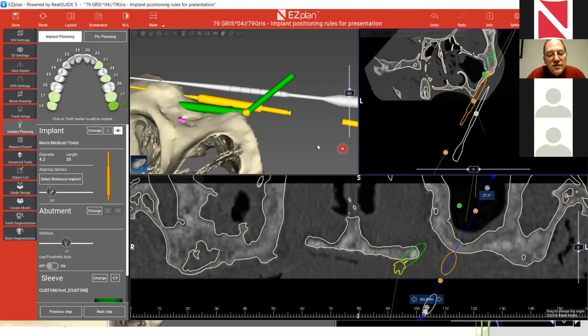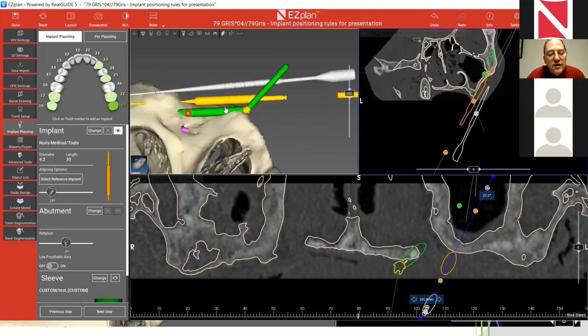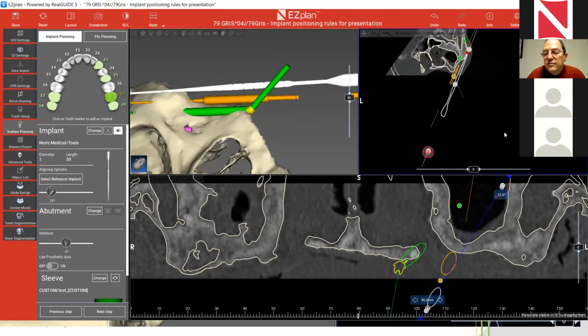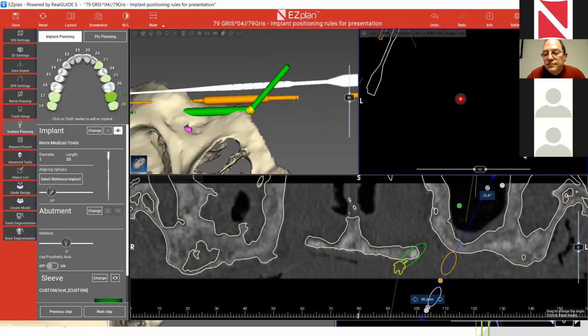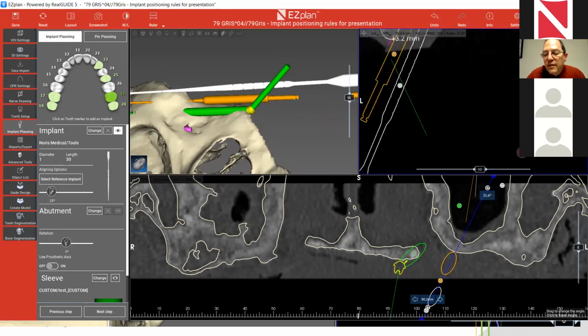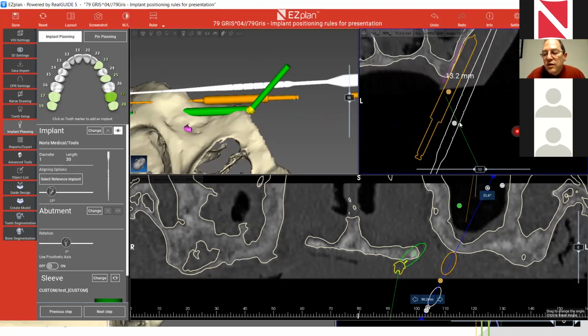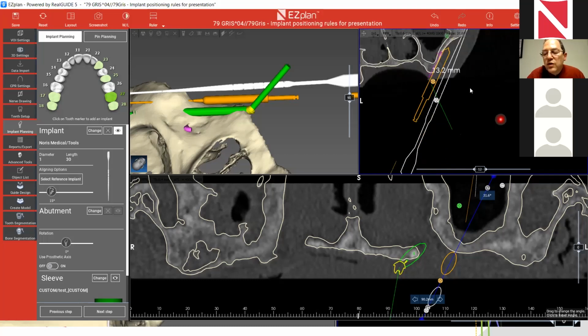So I see that I have a distance, so I'm not colliding. I'll take the measuring device and see what distance I have. This is what I wanted to have.